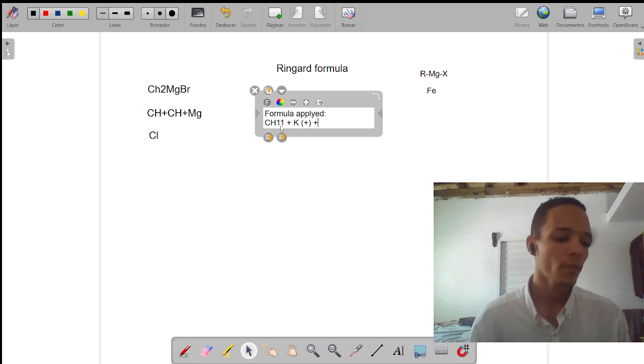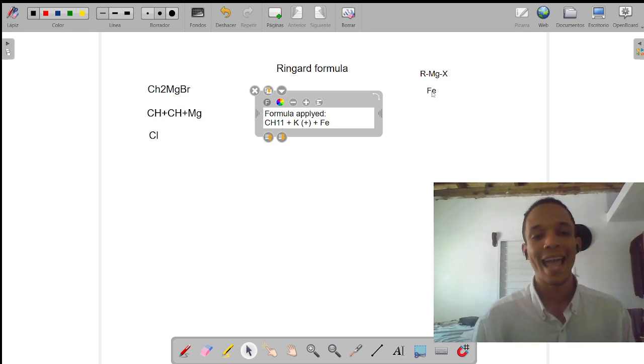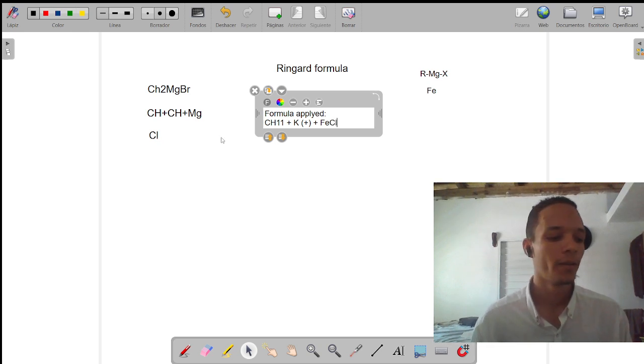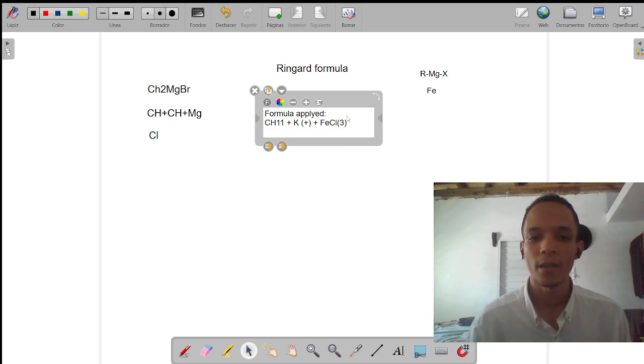Okay. After that, we're going to put Fa, which is the element on the table, and also the last element of the Ringard formula. And we're going to add a 3 here. Why a 3? Because we have 3 elements in the whole formula. And we're going to make this an equation that we're going to solve.